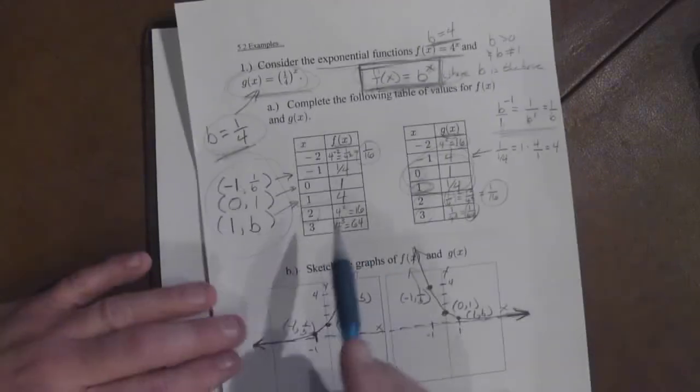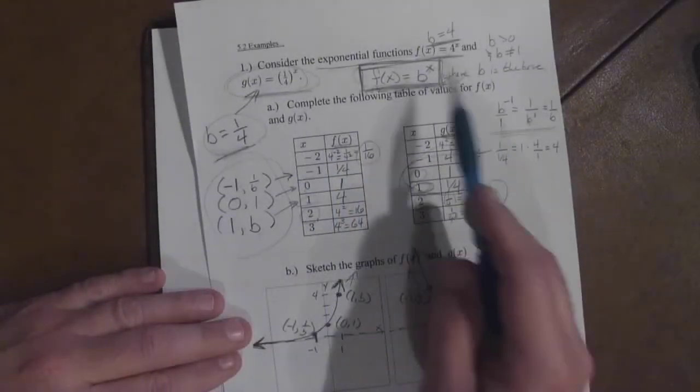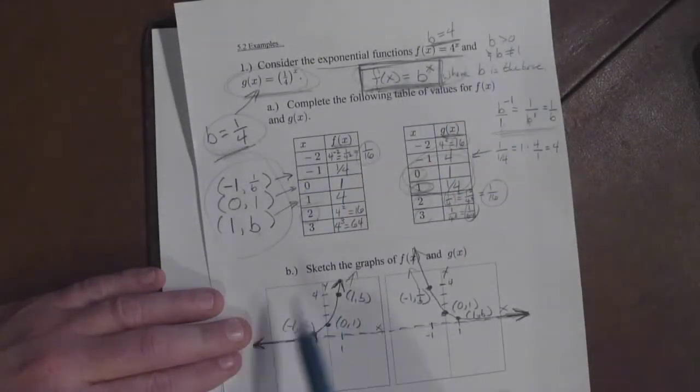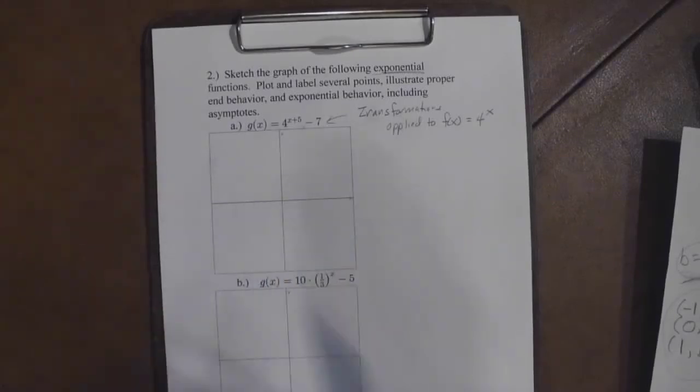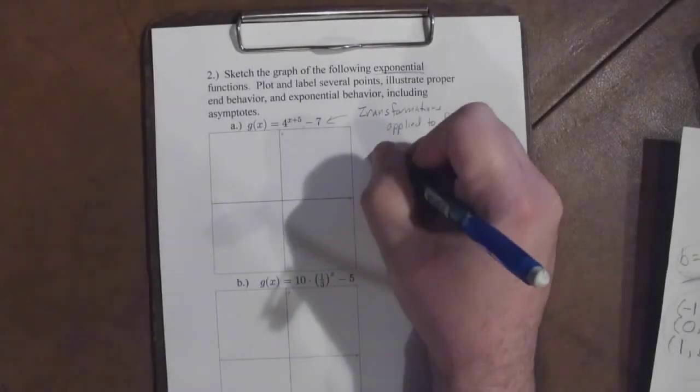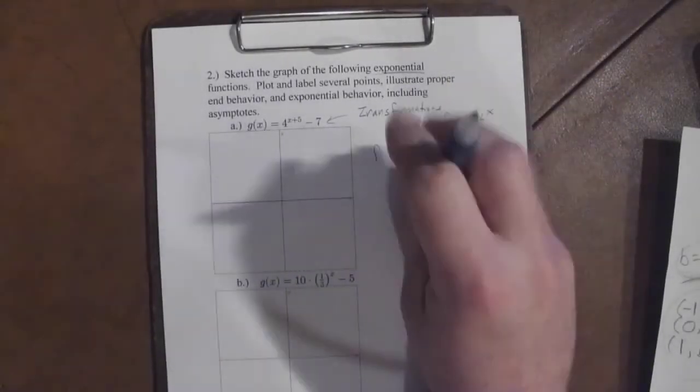And we know what that looks like, we worked through that example. All we're going to do is transform this graph using transformations. And remember how those transformations are interpreted? I believe this is given back in the notes.